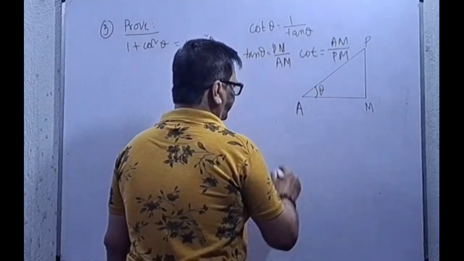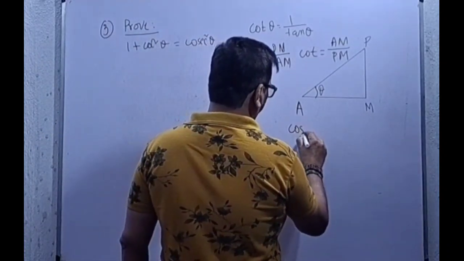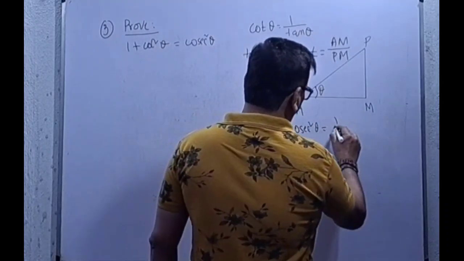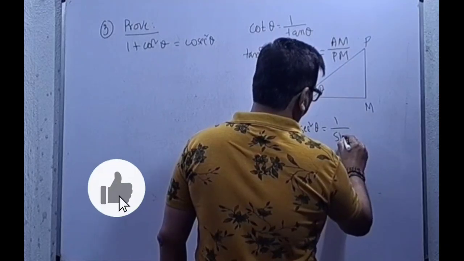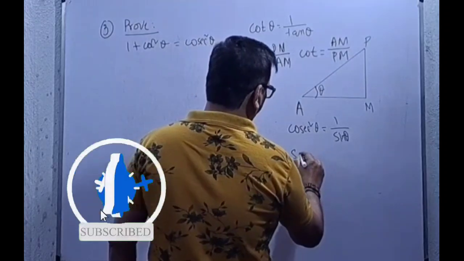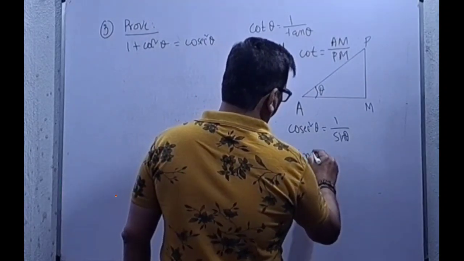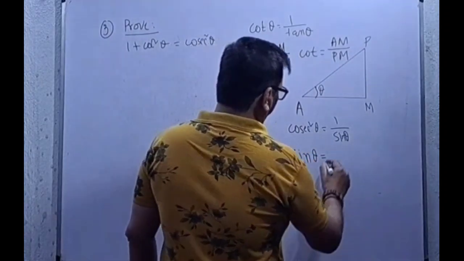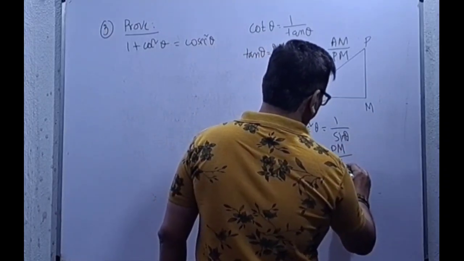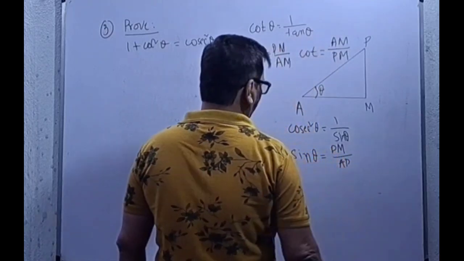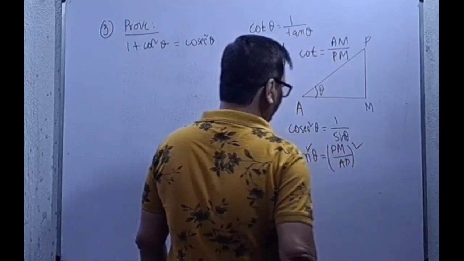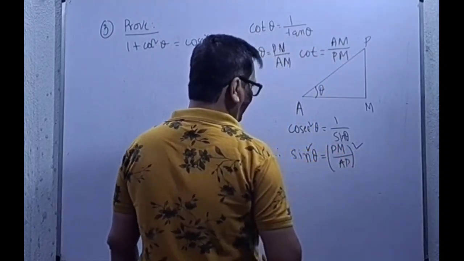Then we find out cosec theta. Cosec theta is equal to 1 by sin theta. Right? Now sin theta is equal to PM by AP. Correct? So cosec is 1 by sin.